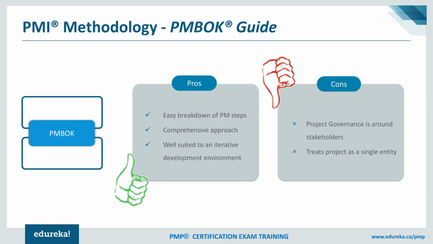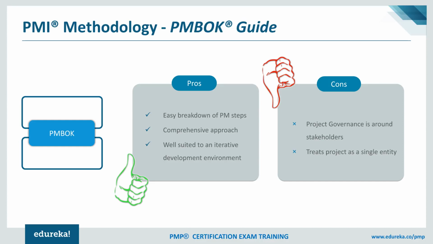There are 49 processes, which cover all the different knowledge areas, from integration management to communication management, human resource, time management, stakeholder management, etc. So it's very comprehensive. And don't worry, we are going to talk about all these things in much detail as a part of this training. We are also going to talk about all these 49 processes as a part of PMP training.